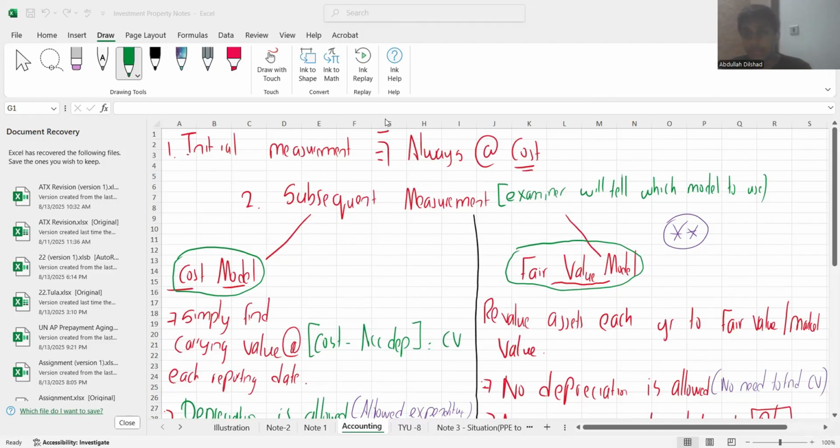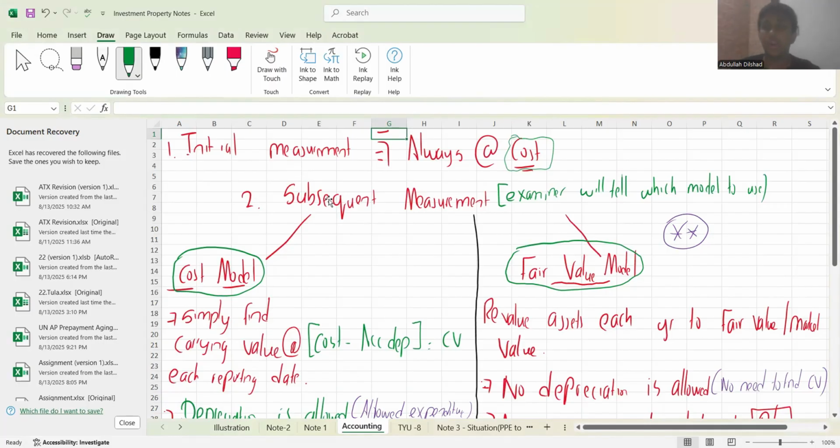Regardless of whether it's IAS 16 or IAS 40, your initial measurement is always at cost. It could be the direct cost or directly attributable cost.